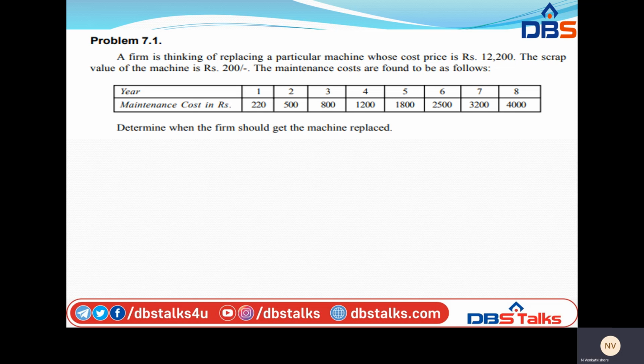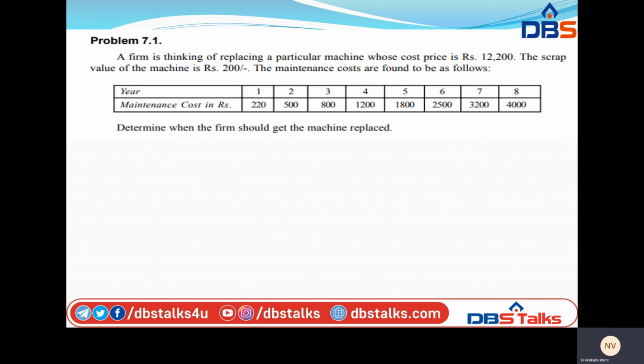Here the machine was used for 8 years. The maintenance cost for each individual year: in the first year it is 220, the second year 500, third year 800. Not cumulative, it is only individual.